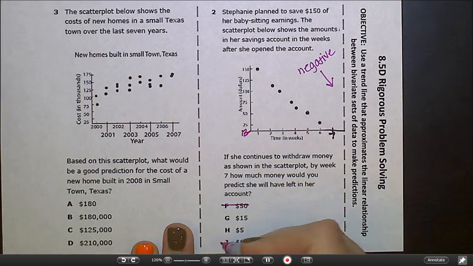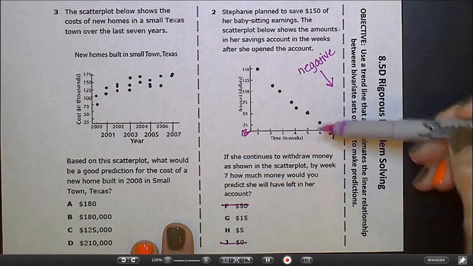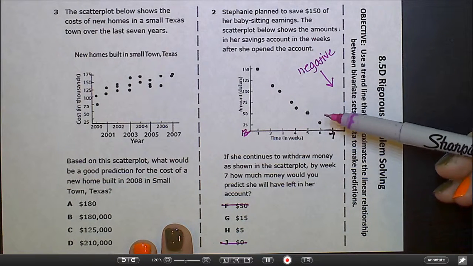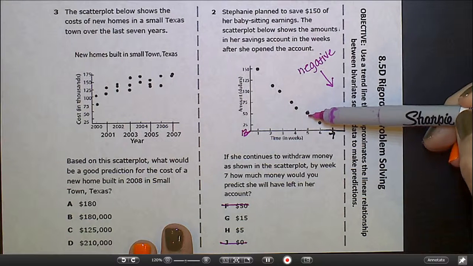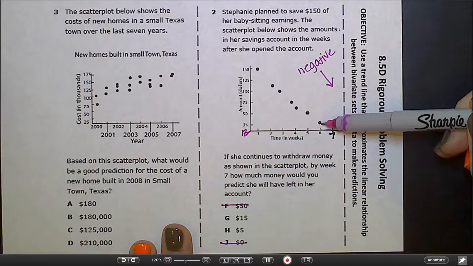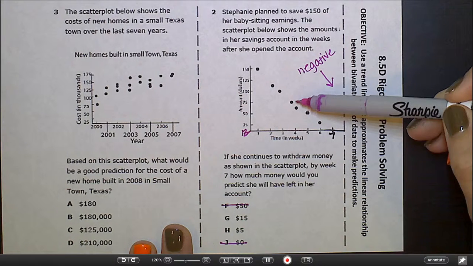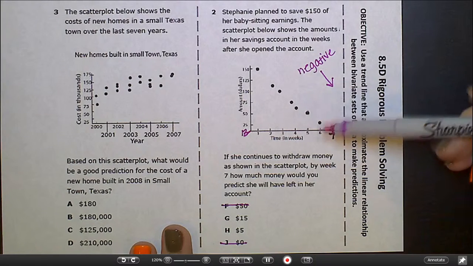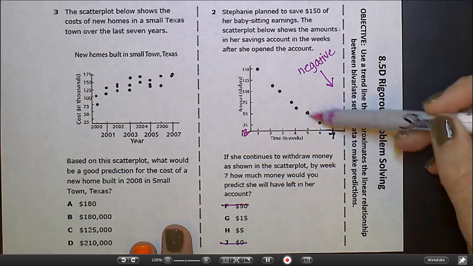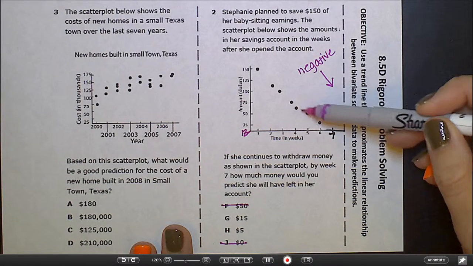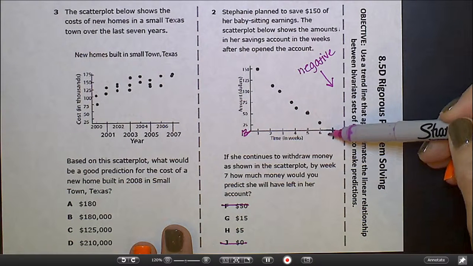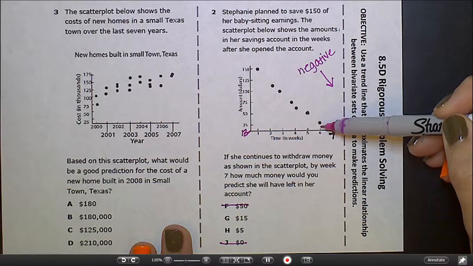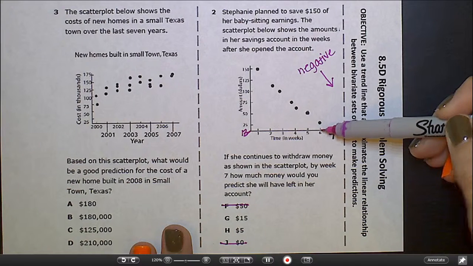And we already know it's not 0. So I'm seeing that here she had a big drop from 50 to 25, maybe a little more than 25. But in these other places she had a smaller drop, like $75 down to maybe $60. This is the only time in the last part of the graph where I see her dropping so much in 1 week. She must have bought something really expensive in week 6.